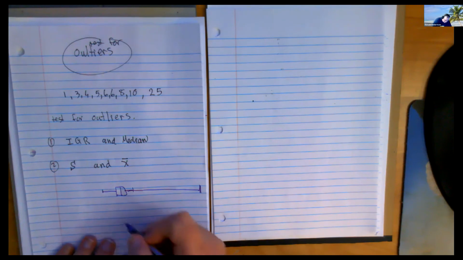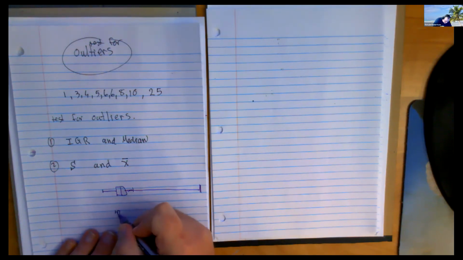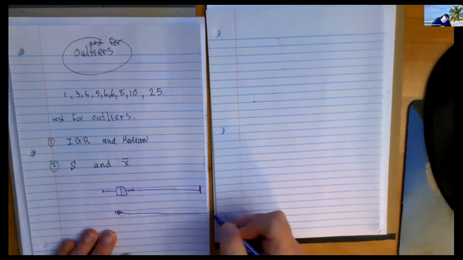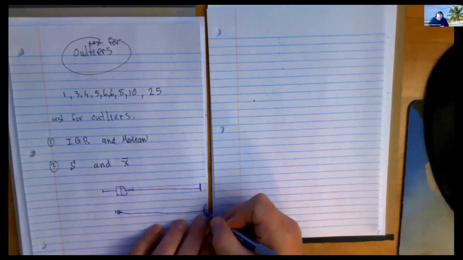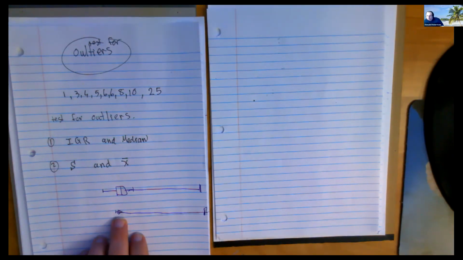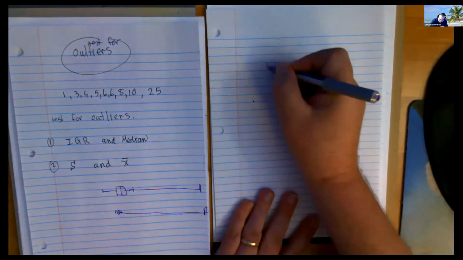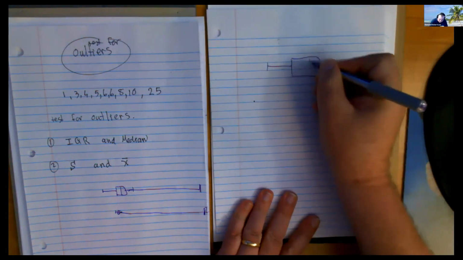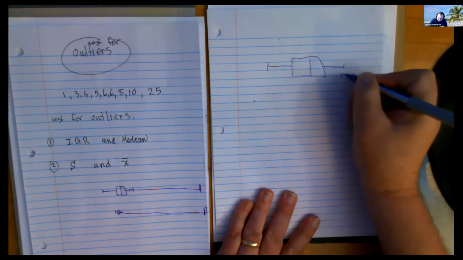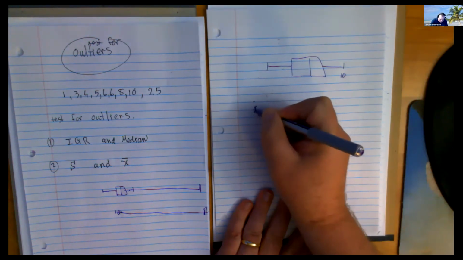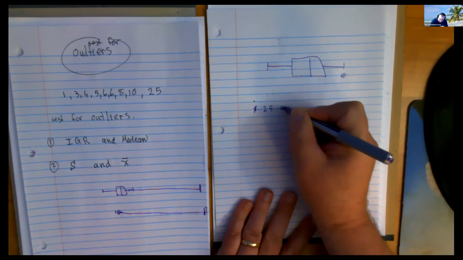Secondly, if the outlier is really, really big, can't your box plot be unreadable because the number's so big that there's no room to show it? It's not uncommon that when you have an outlier, you remove it and you do the box plot without the outlier. So you draw the picture with all the data, but you stop at 10. And then down at the bottom, you put a little asterisk and you say 25 is an outlier.